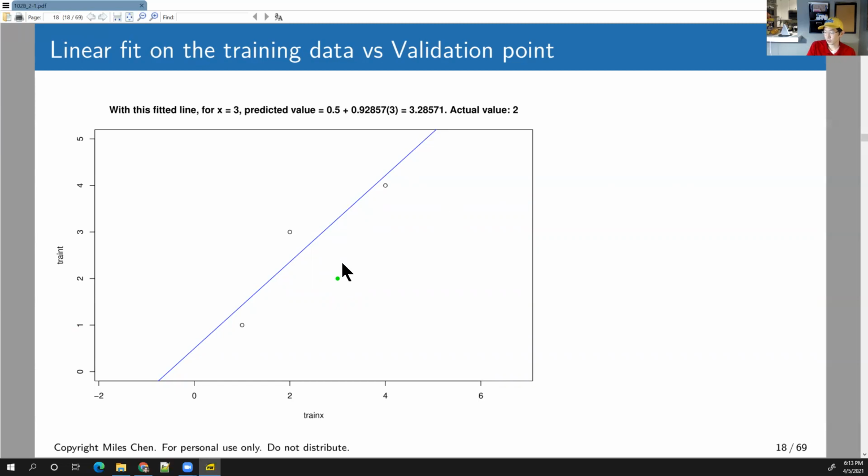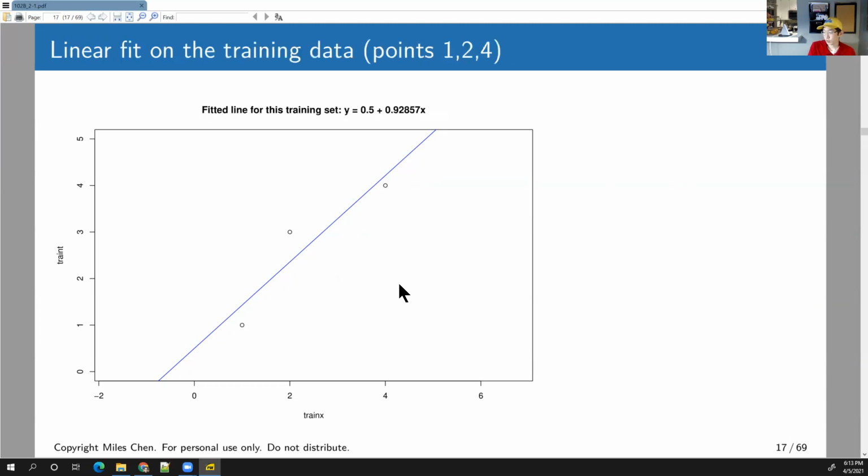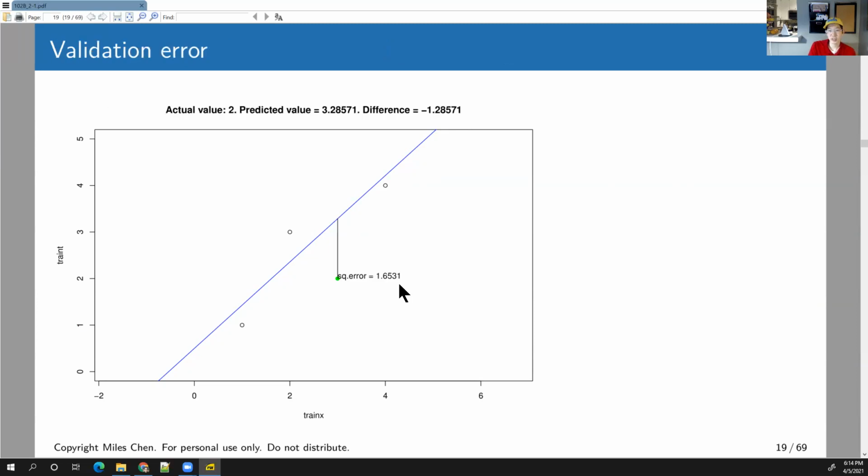So you have a difference of negative 1.28571, the actual value minus the predicted value. If you square that, you get a squared error of around 1.65. Again, we're fitting a line to these 3 data points, plugging the original data point back in, taking that difference and squaring it.